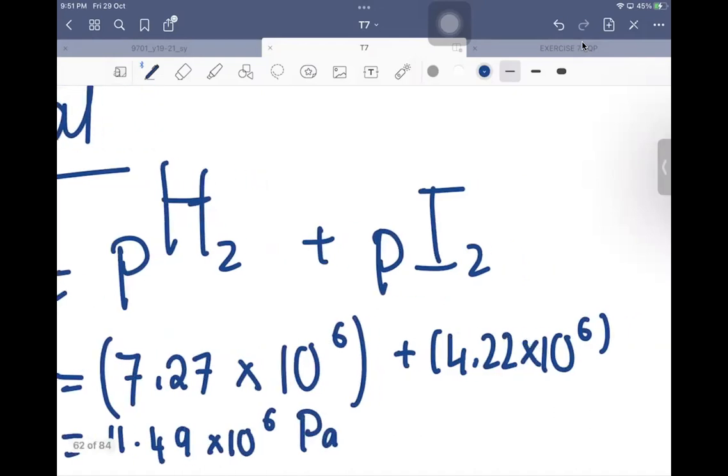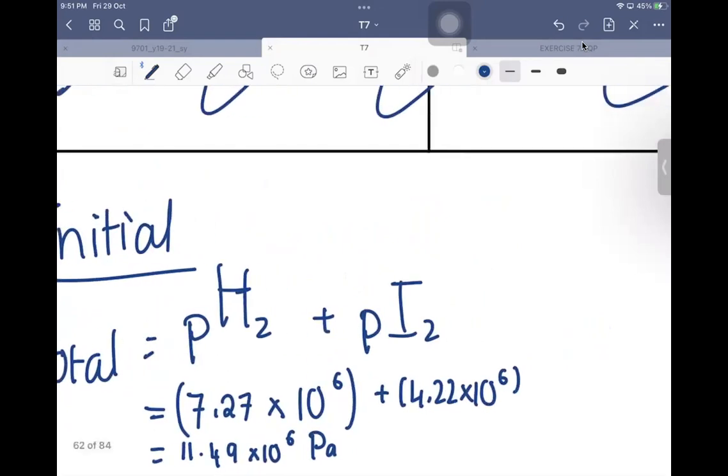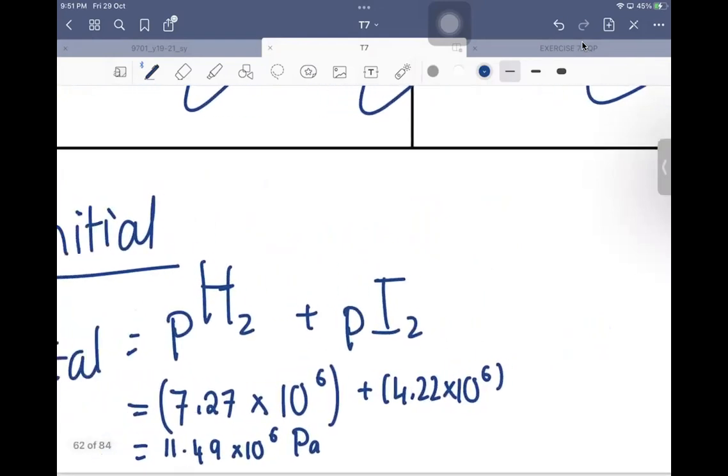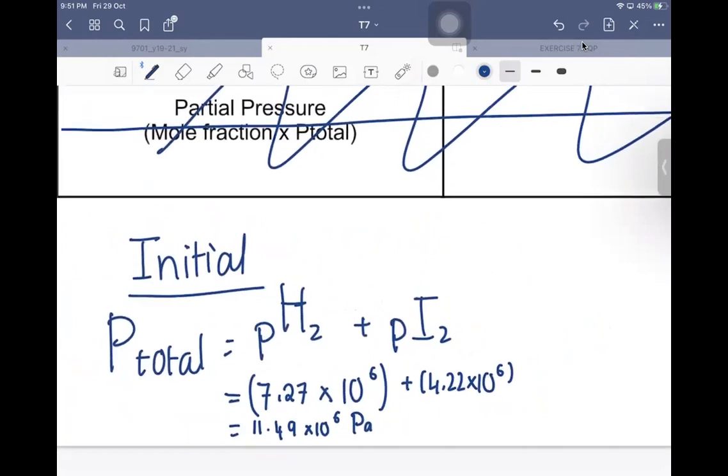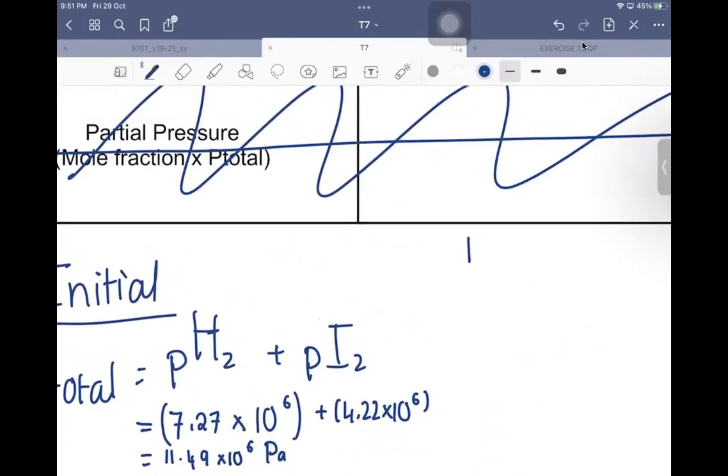Okay. And then if you want to change that to 1.149 times 10 to the power of 7, they are the same.